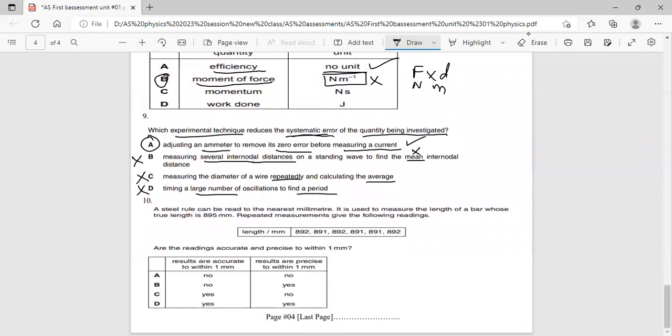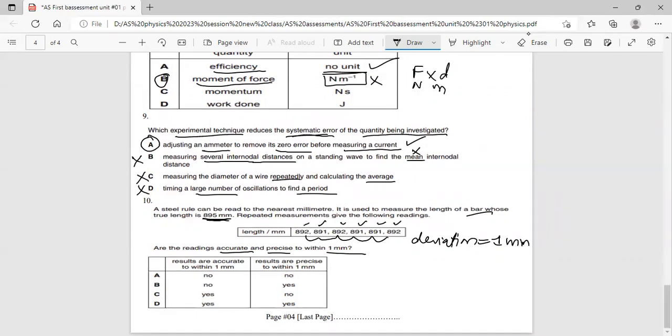And then they're saying that the correct value of a bar measured with a steel rule is 895. This is the accurate value. And they have repeated values like this. You have to tell whether the readings are accurate and precise within 1 millimeter. It is clearly visible that all the readings have a deviation of 1 millimeter.